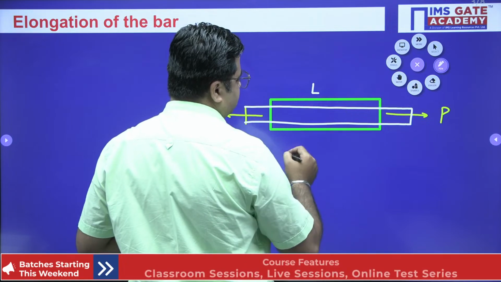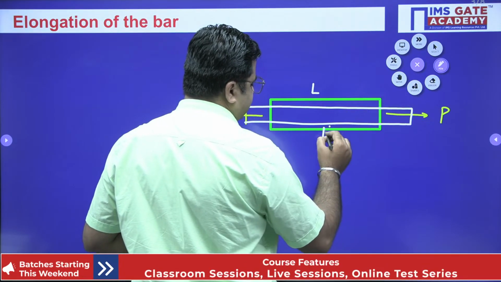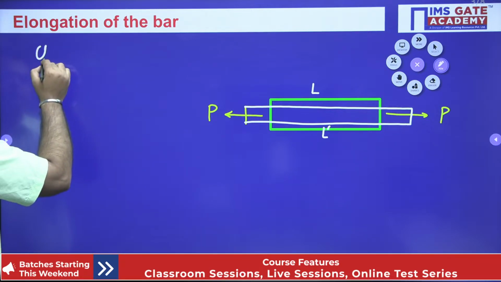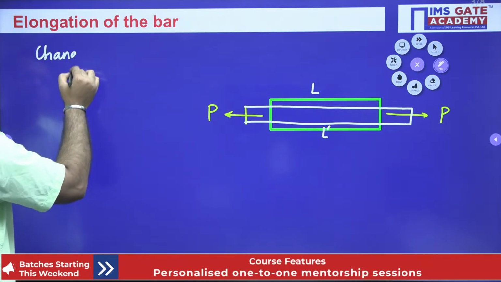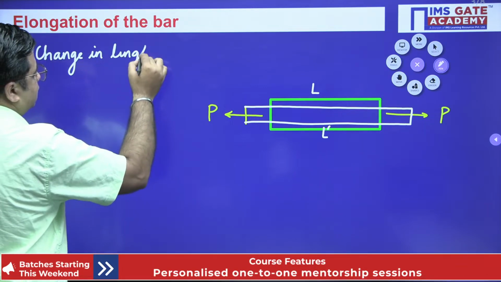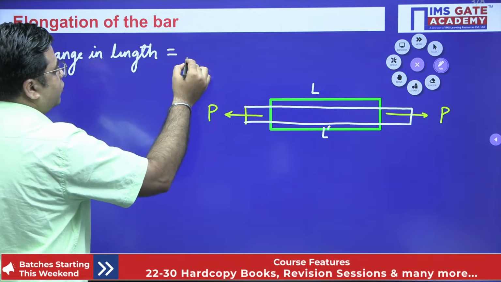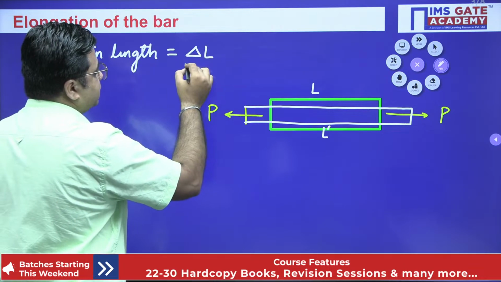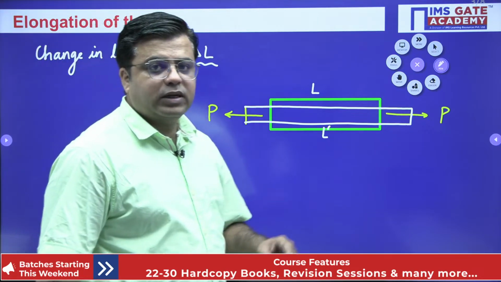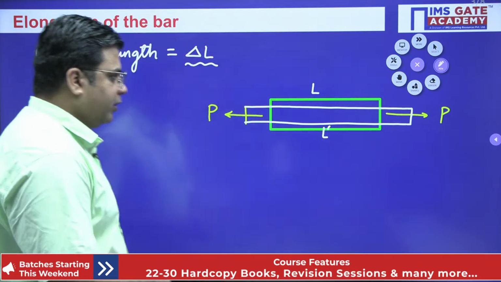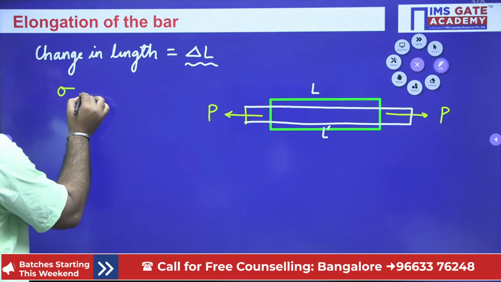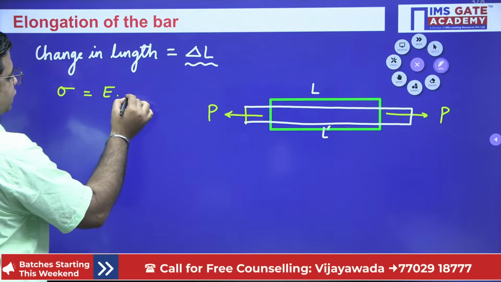Initially, the length was L, now the length is L dash. So, the change in length is delta L, and this we need to calculate, that corresponding to this load how much this bar is getting deformed, right? In order to calculate that, we have one relation: stress is equal to E into strain.